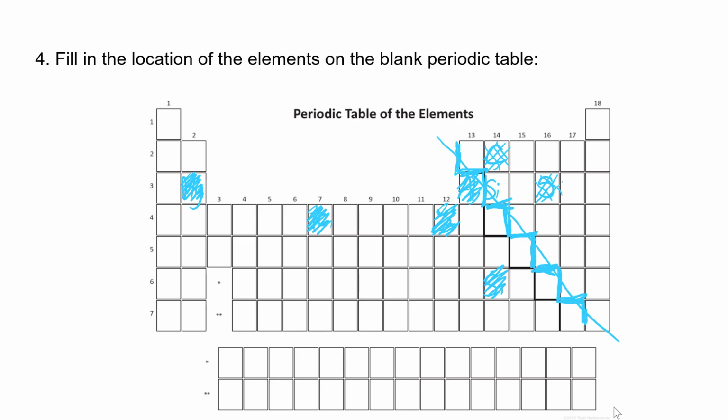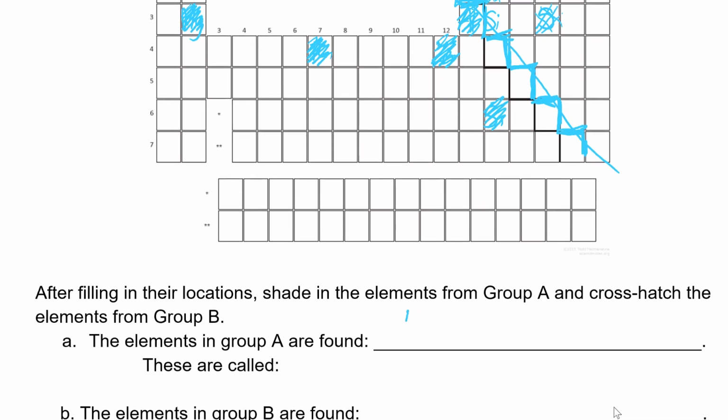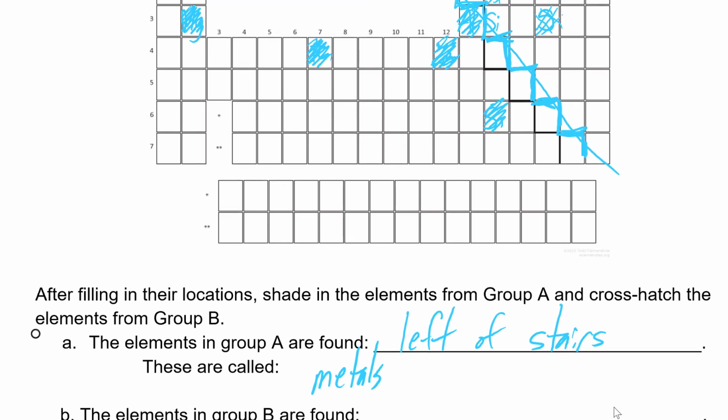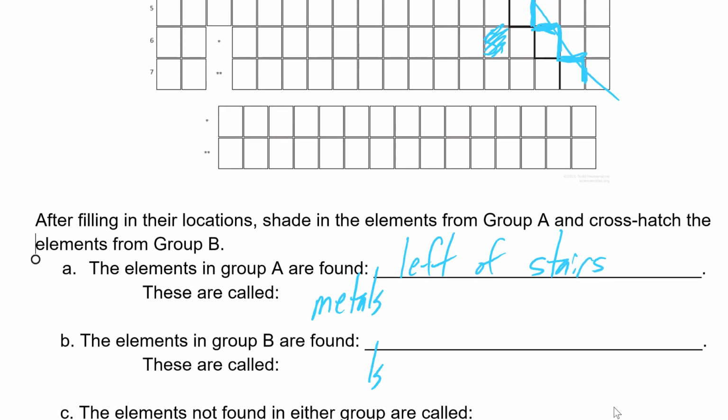But to the left of the periodic table is what we call the metals. Left of the stairs, right, or the steps. And these are called metals. The elements in group B are to the right of the stairs, and they're called nonmetals.